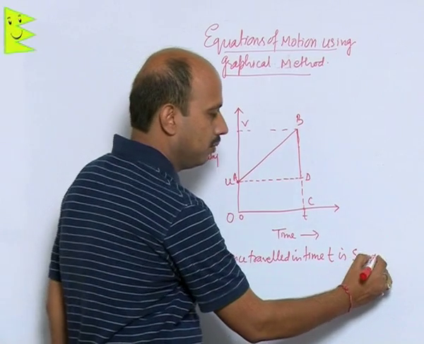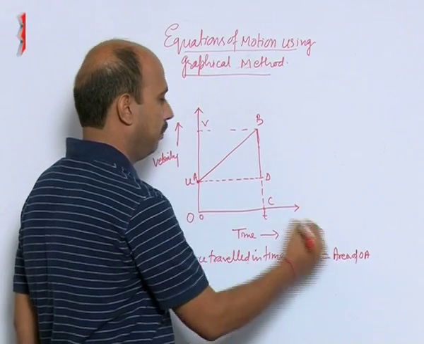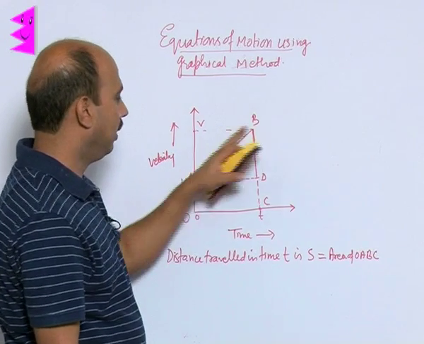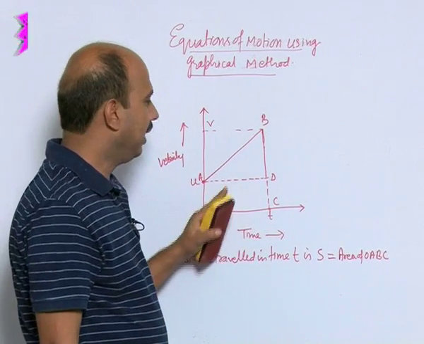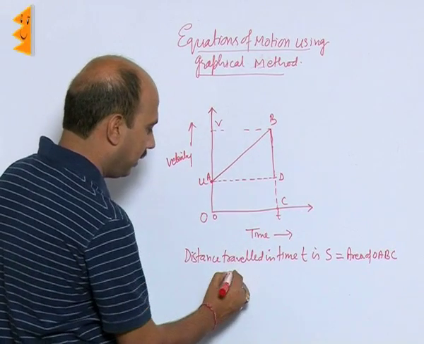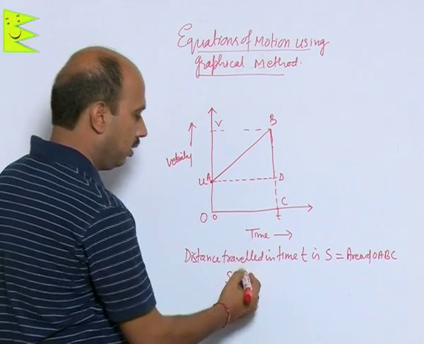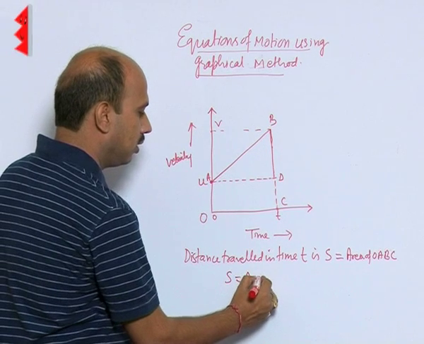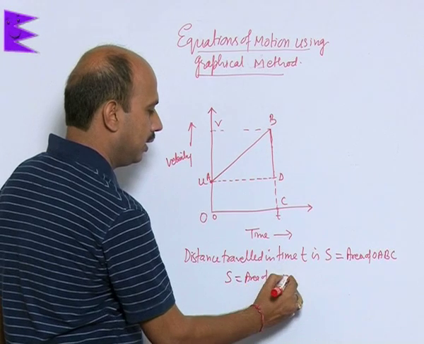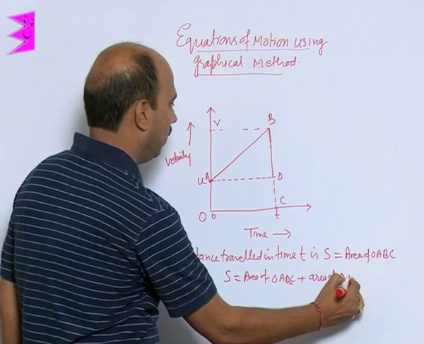So we can write the area of OABC. We can divide this area into two parts: one is a rectangle, one is a triangle. So S, the distance or displacement, is equal to the area of rectangle OADC plus the area of triangle ABD.